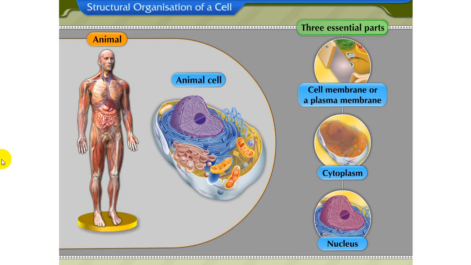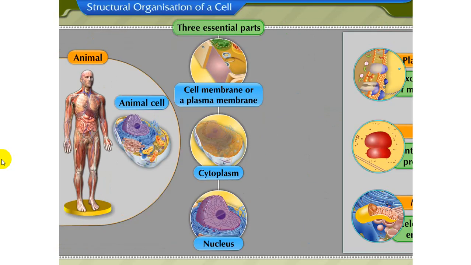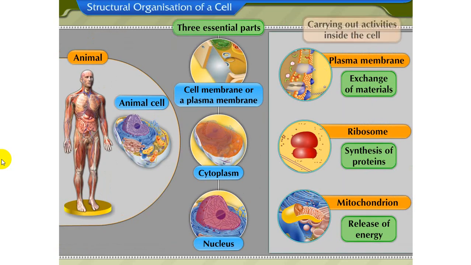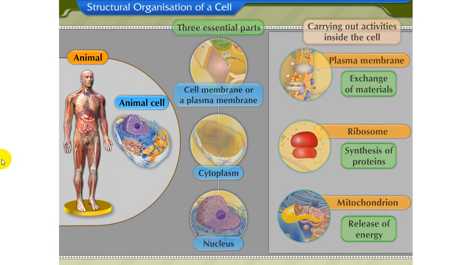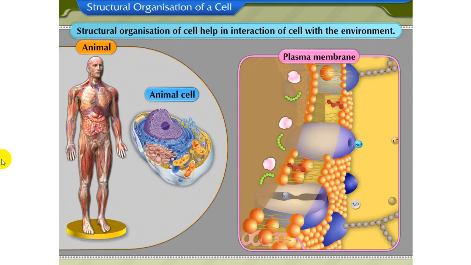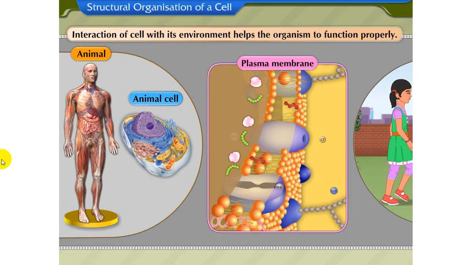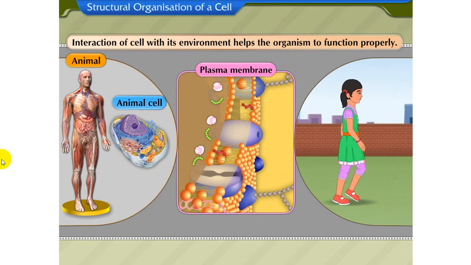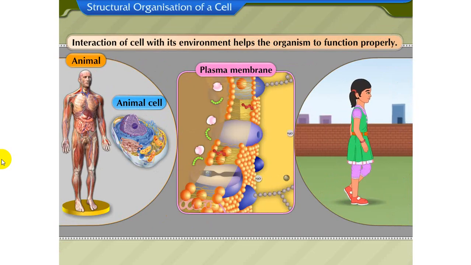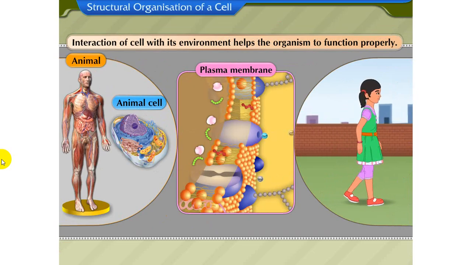In addition to these essential parts, there are other cell organelles which help in carrying out all activities inside the cell. This structural organization of cells helps in the interaction of the cell with the environment. This interaction helps an organism to function properly. Let us study about the different cell components and their functions.